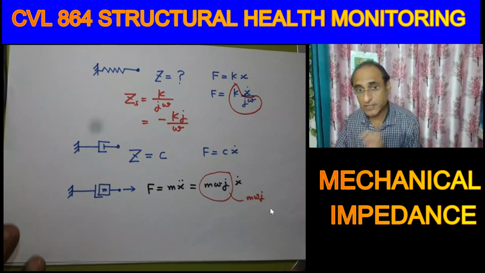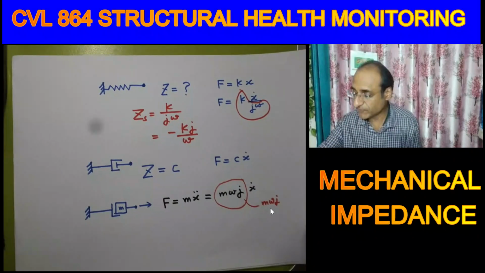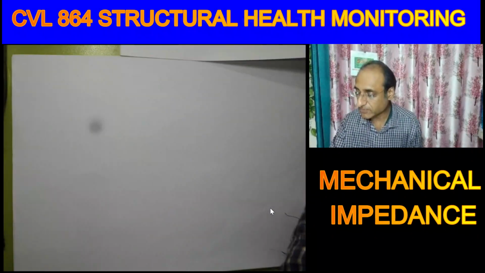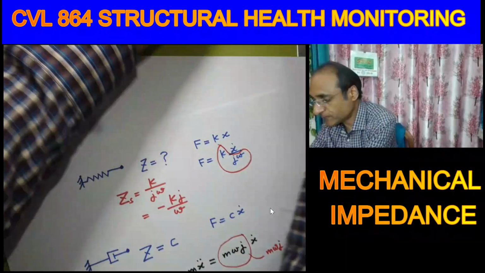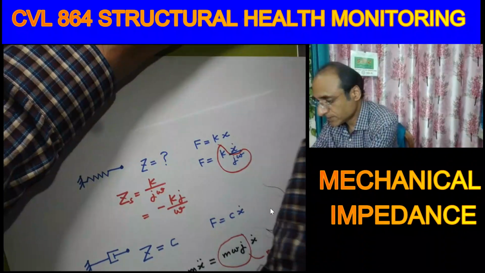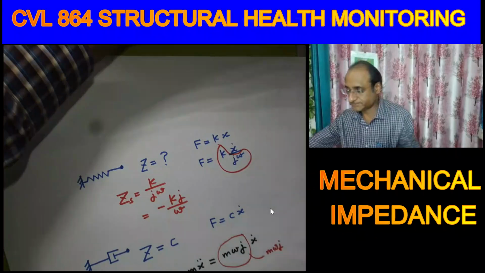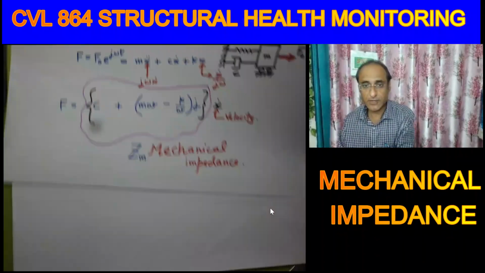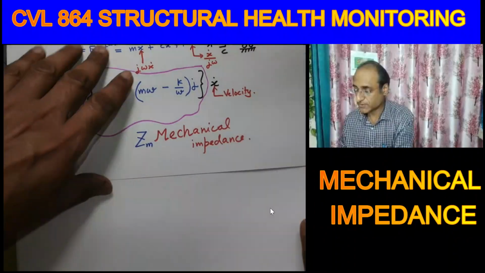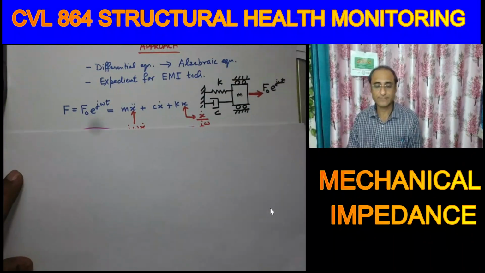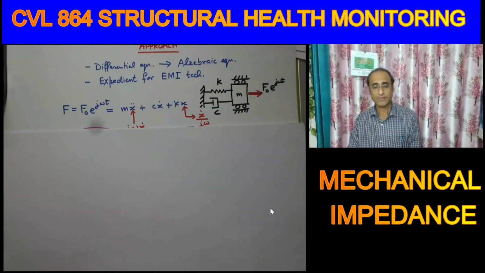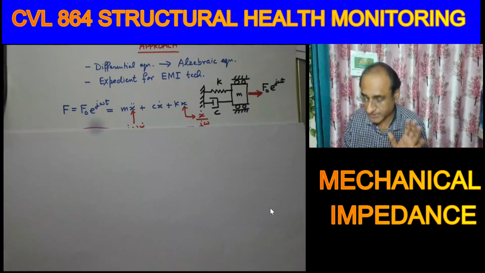Now there is a difference here in the representation, that when we are doing the classical mechanics, we are representing a single degree of freedom system like this. This is our representation of a single degree of freedom in classical mechanics. But in impedance approach, we represent it like this.